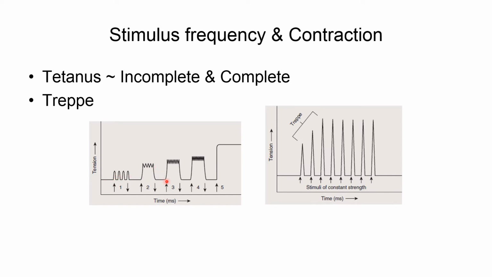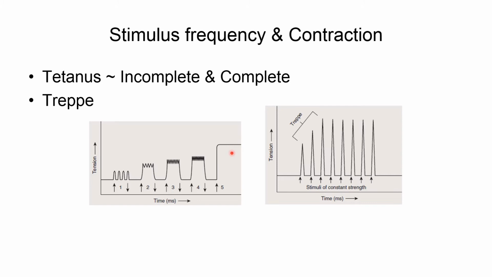And if action potentials are more frequent than this, then the refractory period between two cross bridge formations will decrease even more, and the cross bridges get detached and attached, and so on. There is a condition when there are continuous back to back action potentials, so the contraction becomes permanent or sustained all the time.